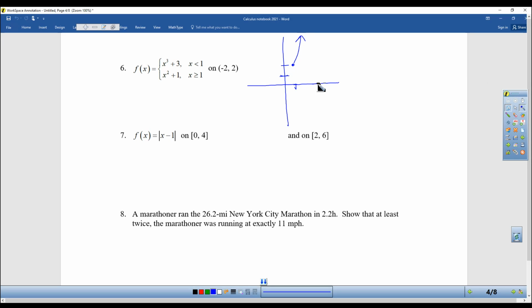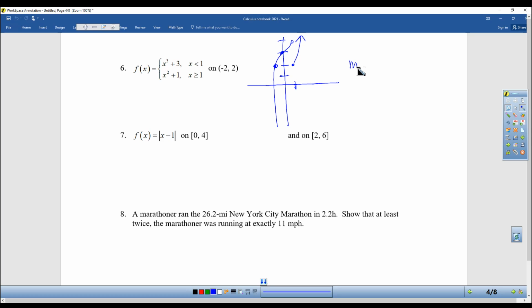And then the other one is going to be x cubed plus 3. So a cubic graph would look like this. This is an open circle because it's not actually equal to 1, but you still need to plot that point. So at 1, it's up here at 4, and it comes up like that. I'm trying to fill that in.